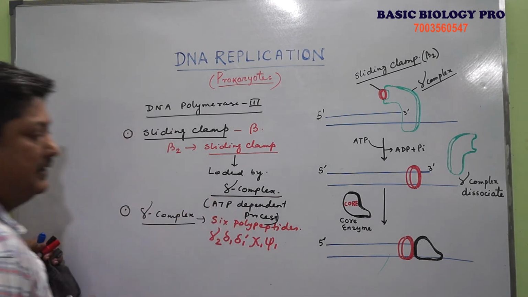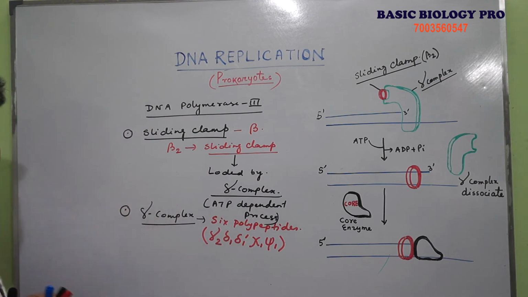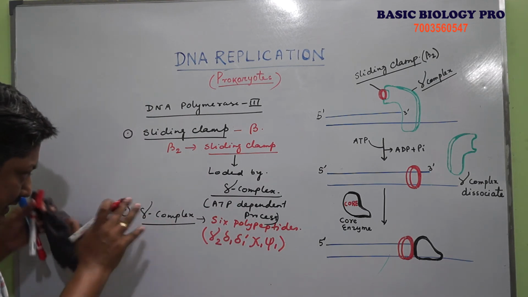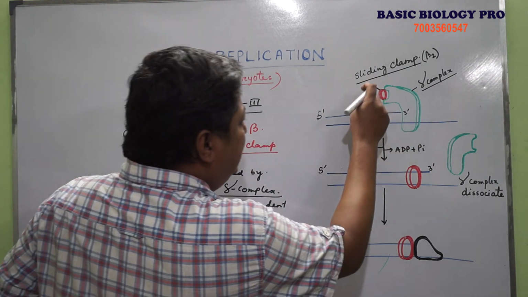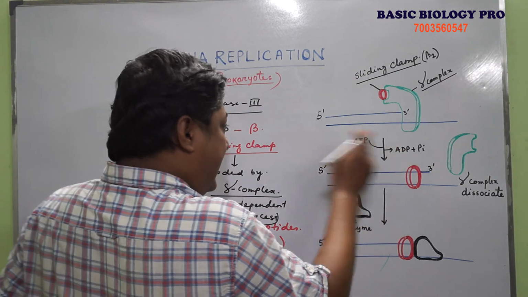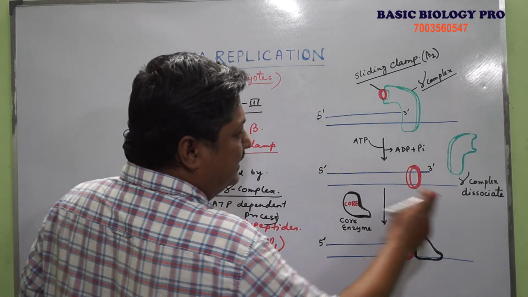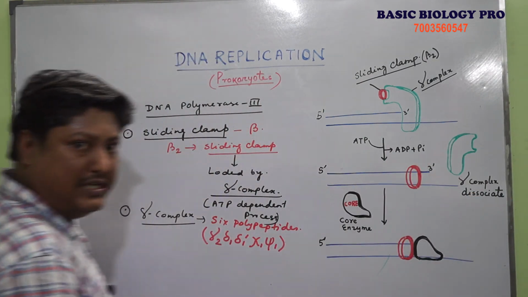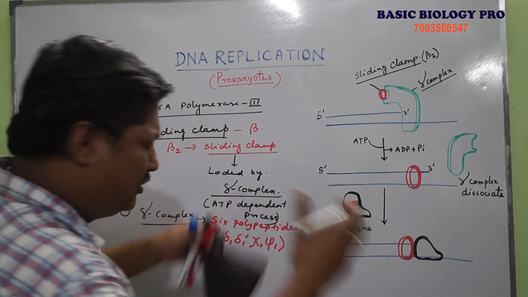So these 6 polypeptides together form the gamma complex, and this gamma complex is only responsible for loading the sliding clamp onto the DNA. It is an ATP mediated process, and after the loading is over, the gamma complex dissociates from the sliding clamp or the rest of the part.